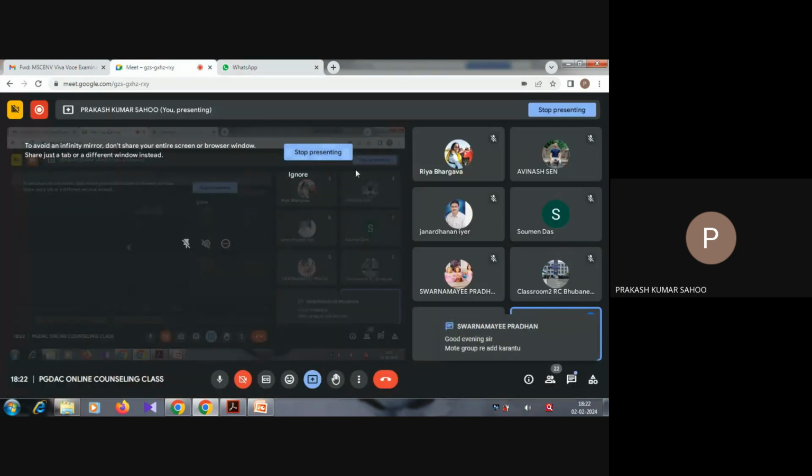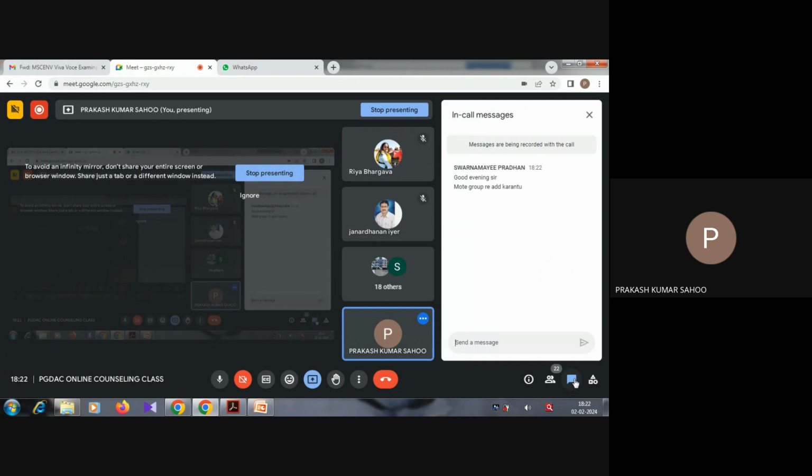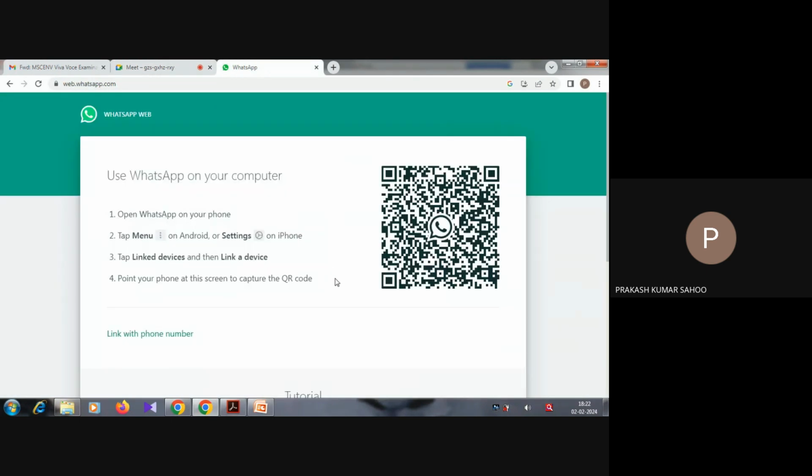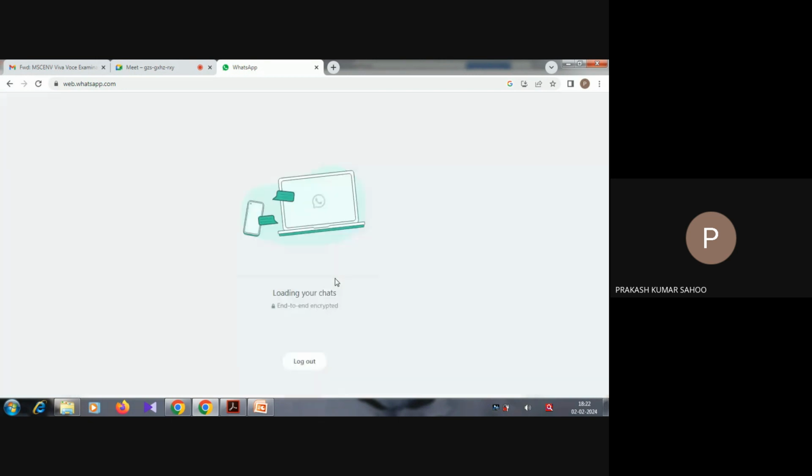Swarnamay Pradhan, put your mobile number here, and I think your group admin is... I am not the admin, but I can forward your number to that group to add you to that WhatsApp group PGDSC 2023.